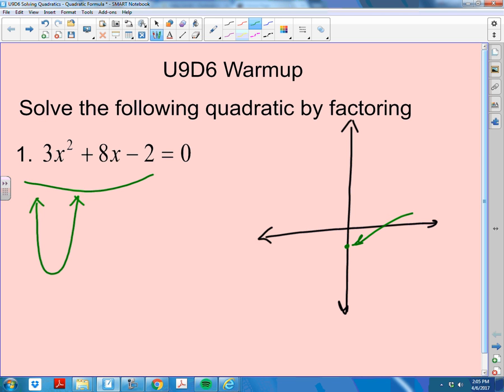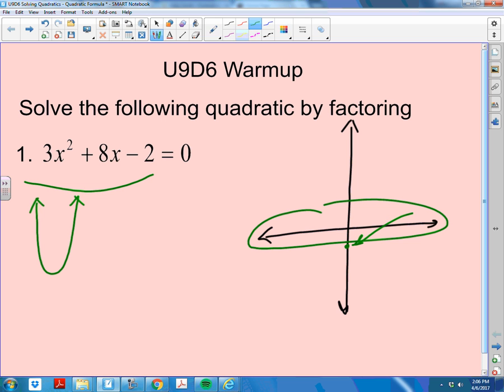It has to cross the x-axis. Has to cross the x-axis. There's no other way it has a y-intercept of -2 and it faces up. Therefore, you know there are solutions somewhere. You know that there are 2 points somewhere on this where it crosses. It has to. You just can't find them with factoring.